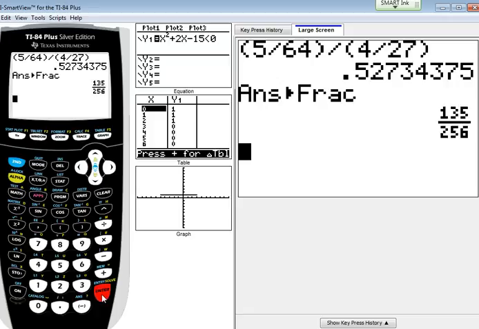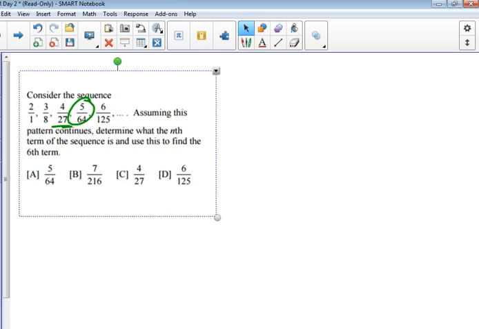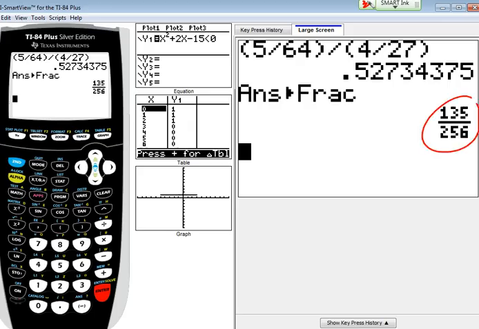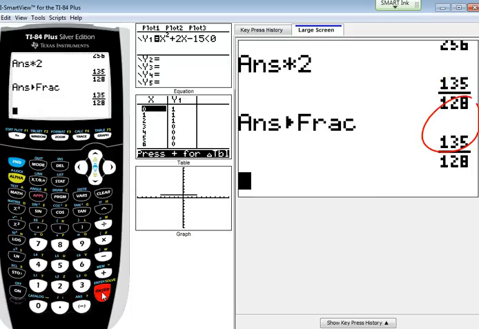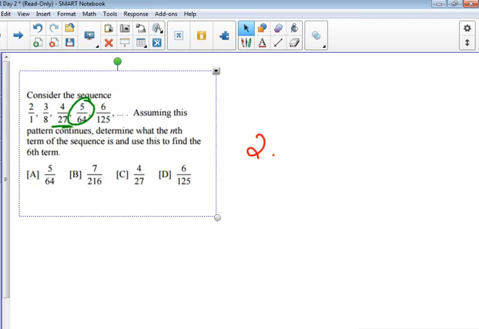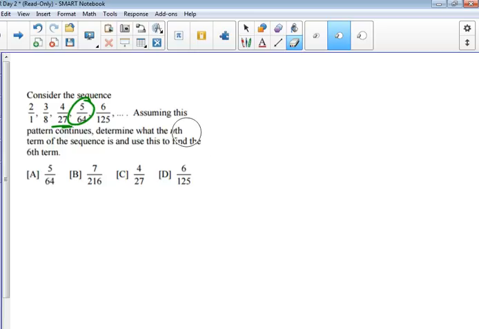Now, let's see if that really works for all of them. If something's geometric, you have to be able to multiply every single fraction by the same thing. So if I took my first one, let's say 2, and I times that by 135 over 256, can I reduce that? Do I get then 3 over 8? Alright, I don't think so. I don't think this is going to be geometric here.